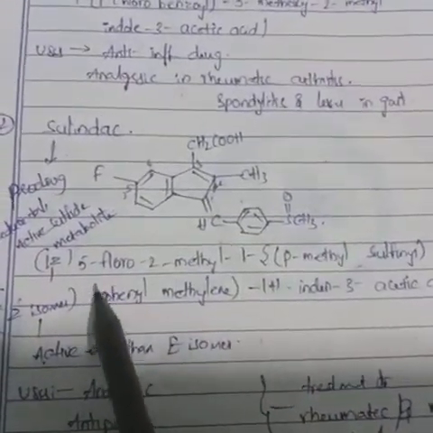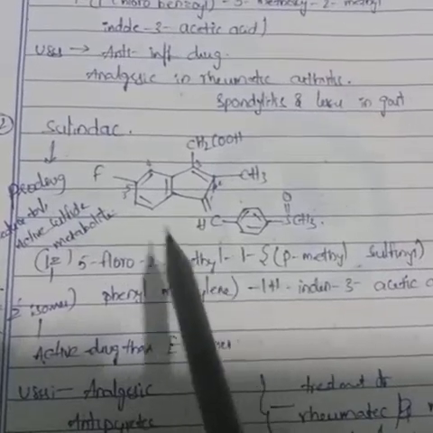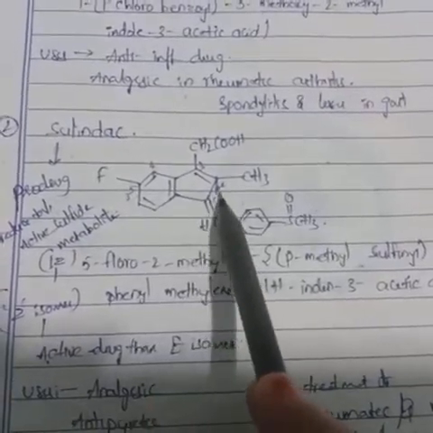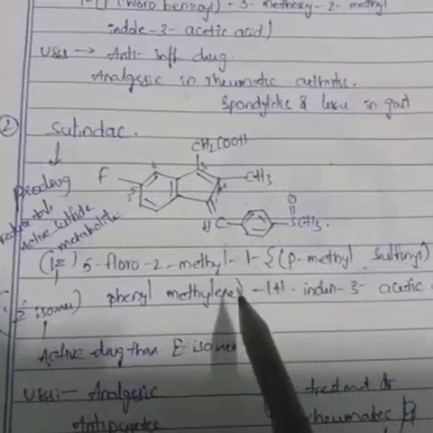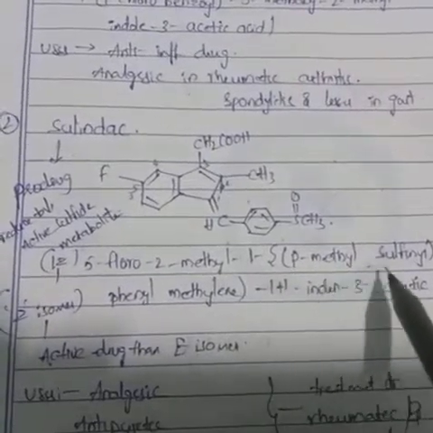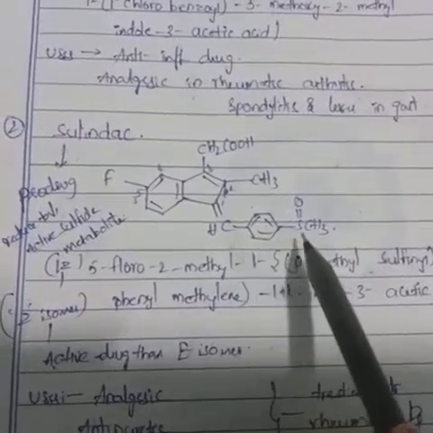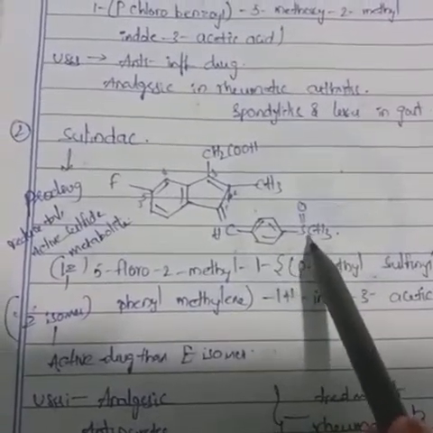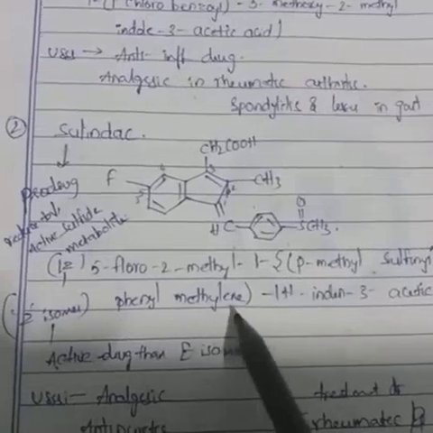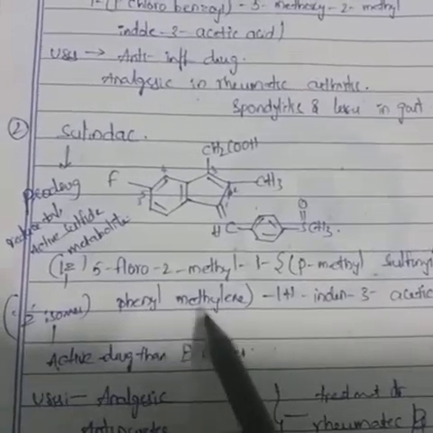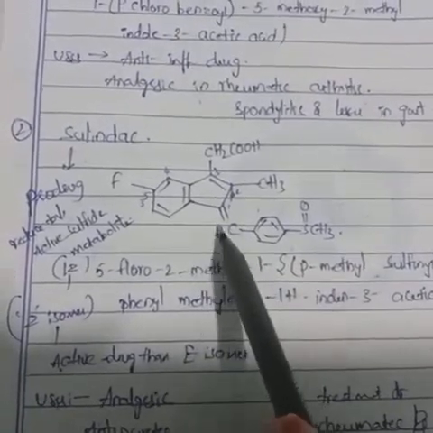Once you see, 5-fluoro-2-methyl: 5-fluoro, and at the second position methyl group is there. 1-para-methyl sulfonyl: see here, the para-methyl sulfonyl group is there. Phenylmethylene, the double bond is there, right?